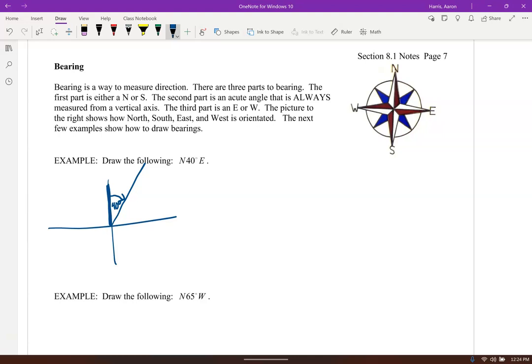That represents north 40 degrees east. That's the direction I'm going. So in other words, from point O where I started to point P, from O to P is north 40 degrees east. That's my bearing. That's just a way to measure direction.